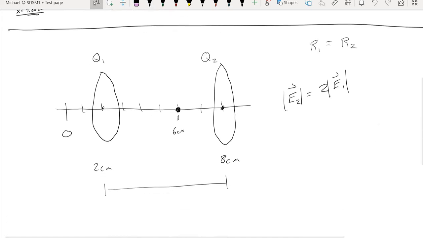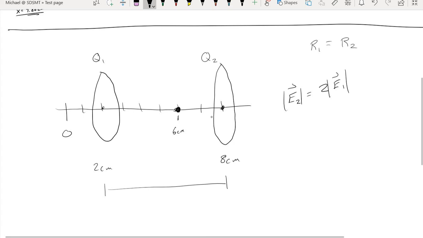All right. Now I've purposely chosen not to have the point where we're measuring things be directly in between the two, because then the charges would just have to be the same. So I've offset it a little bit.